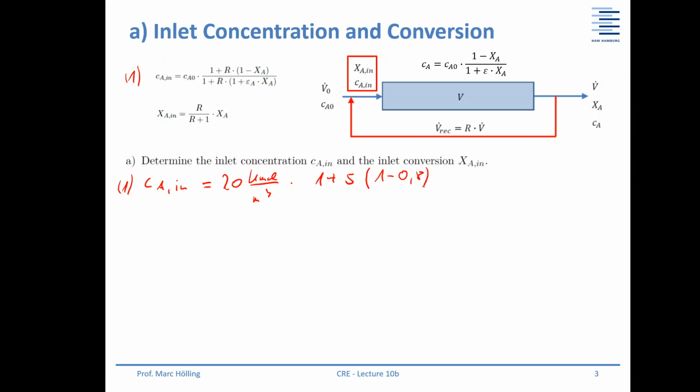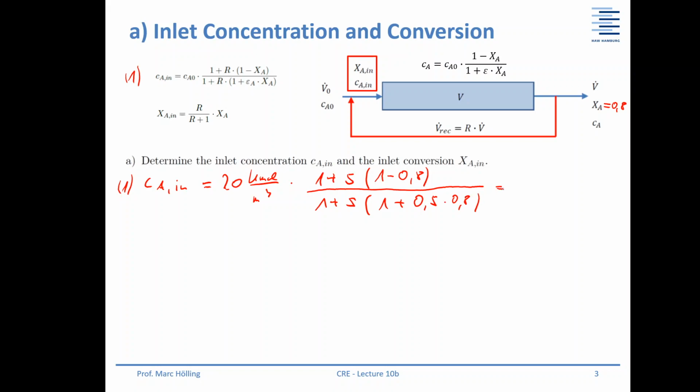So we had this at the outlet concentration, so this should be 0.8. And we have to divide this by 1 plus 5, 1. Whoops, yeah, minus is okay. Then we have epsilon was 0.5, and our conversion was 0.8 again.